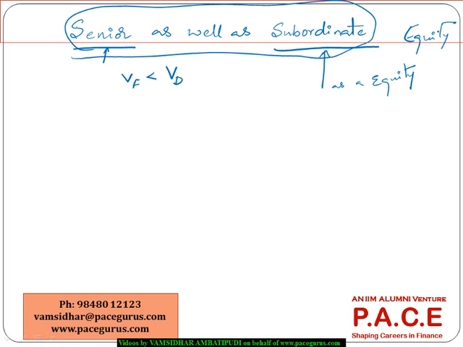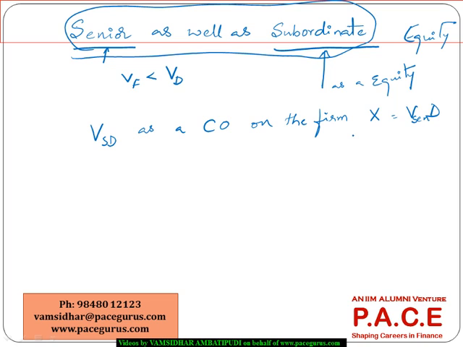Now if I am looking at this mechanism, then I am taking the value of the subordinated debt as a call option on the firm with a strike price equal to the value of senior debt.